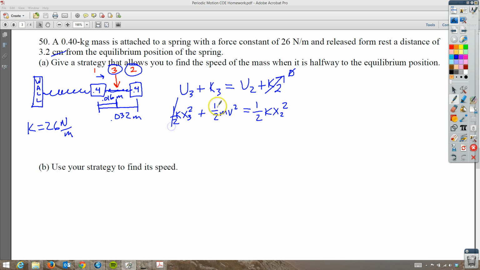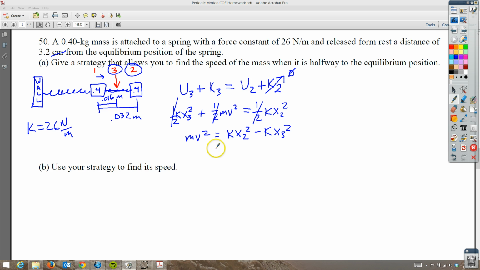Our halves, we can just get rid of all the halves, and now we need to solve this equation for v. Let's rearrange it. We're going to say mv squared is equal to kx2 squared minus kx3 squared.